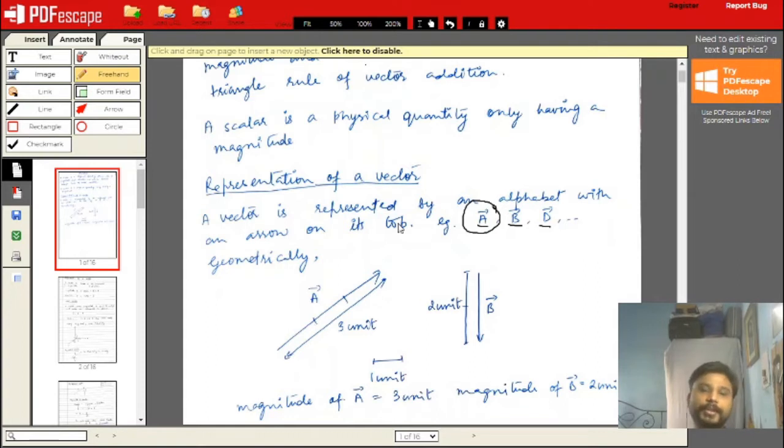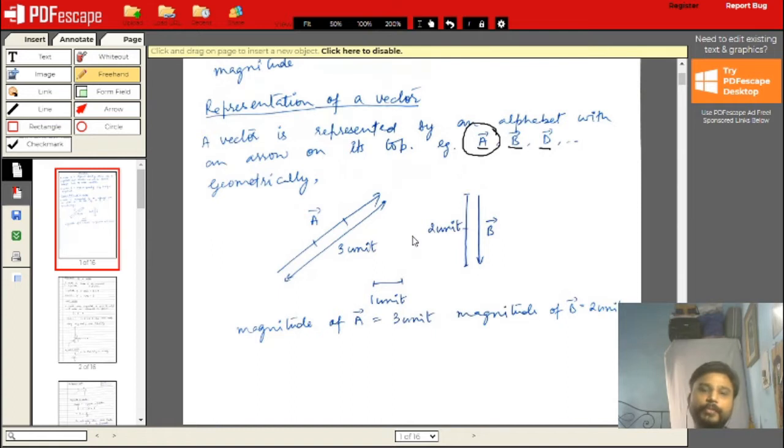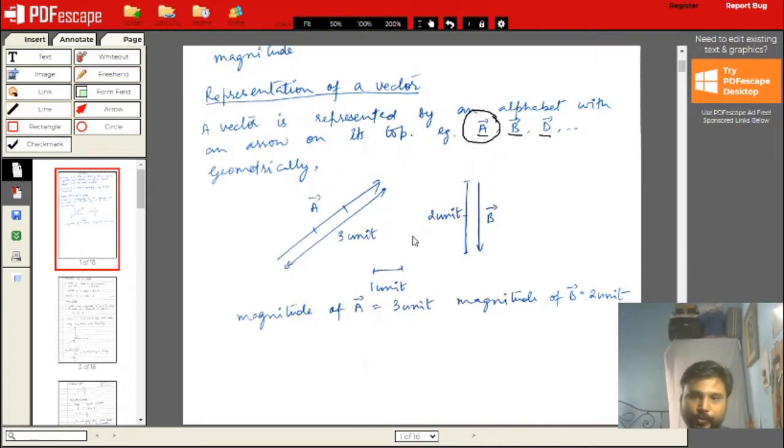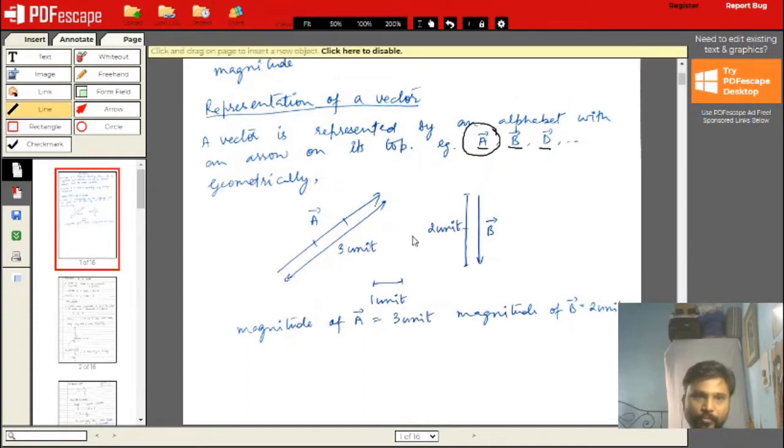First we select the unit with which we want to draw it. Let's say we have selected 1 unit, which is drawn here. So 1 unit is this much long. This we have already selected. Okay, this is 1 unit.